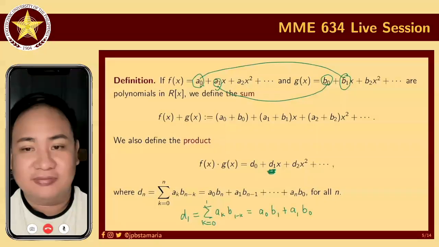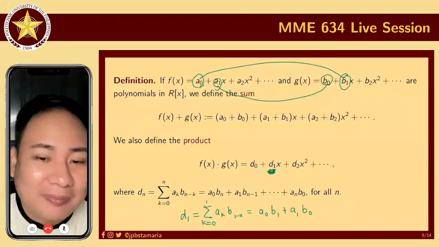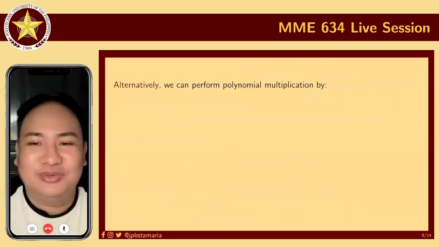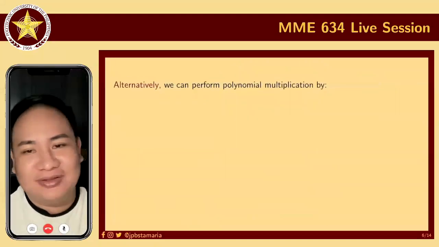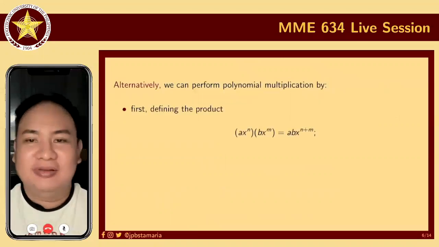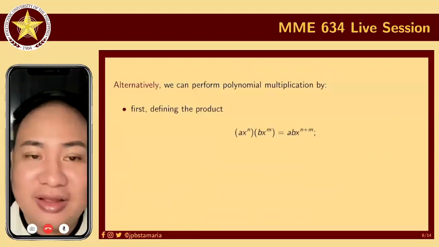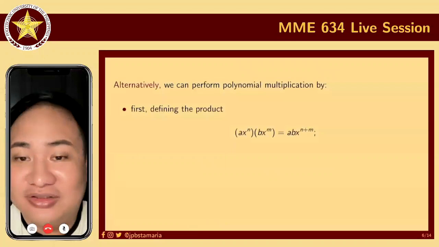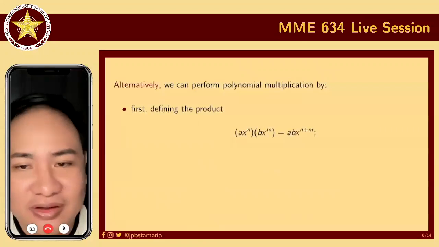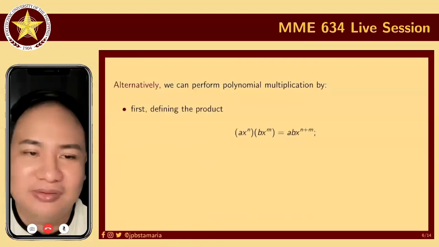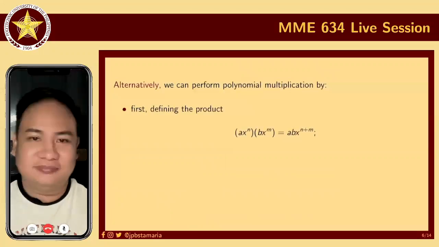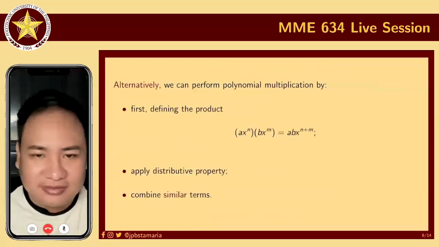Sige, para mas maganda yung pagpapaliwanag ko, let me use some table. No, ganito. Normally, dinidefine muna natin, this is how we teach our students in high school. First, magdi-define ka muna ng ganito, law of exponent. Tapos apply distributive property.